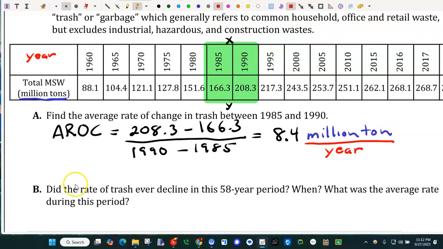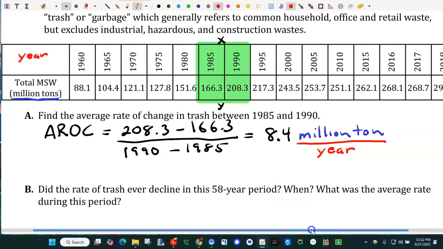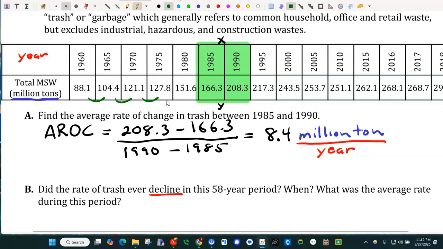All right, and it says, did the rate of trash ever decline in the 58 period? When? What was the average rate of change? Decline means to get smaller, right? So we're looking at these numbers and seeing where it got smaller. I'm just scanning each one of these. This has gone up, these got bigger, that's bigger.